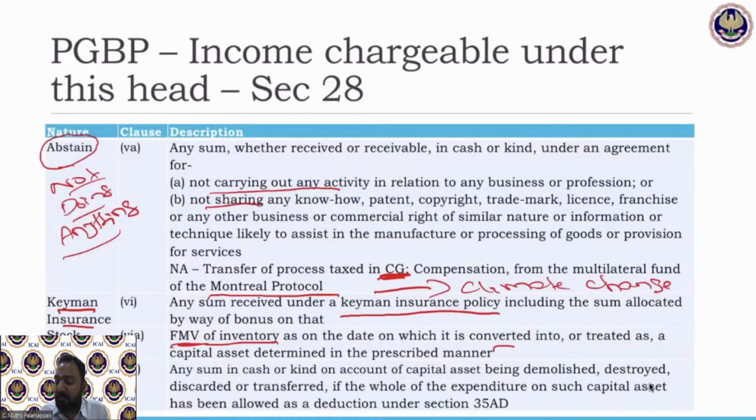Next is specified business. What do you mean by specified business? There are specific businesses, which we'll call infrastructure business. There is a list of businesses categorized under 35AD. So why is that listed here?